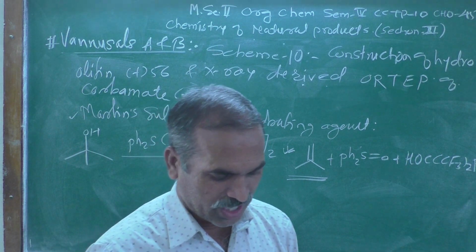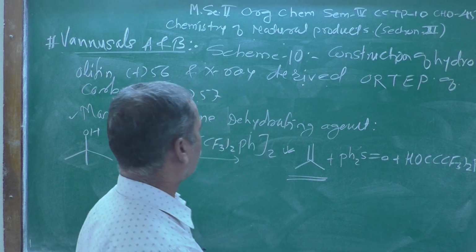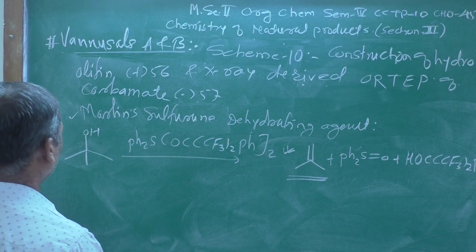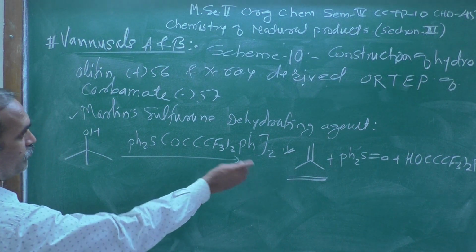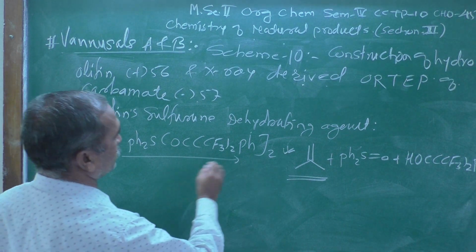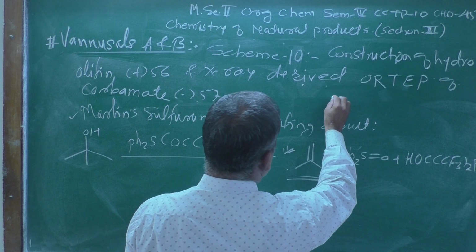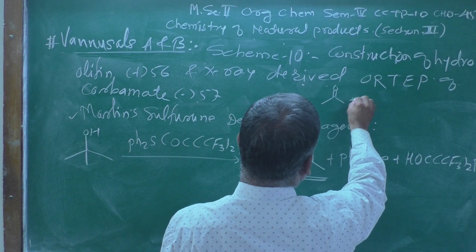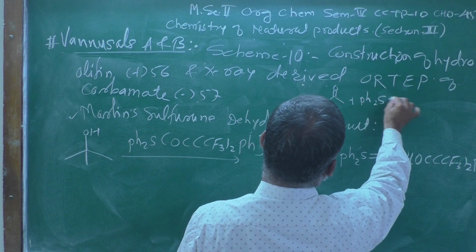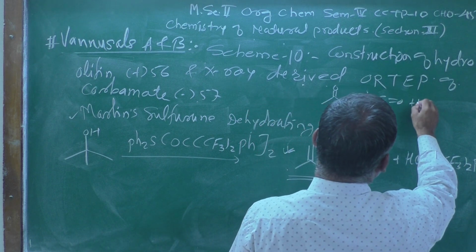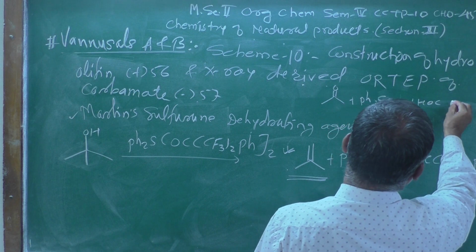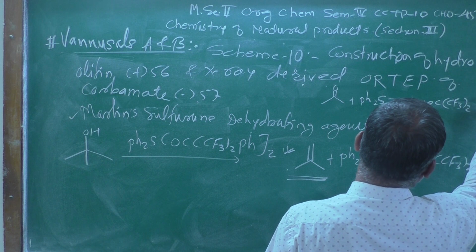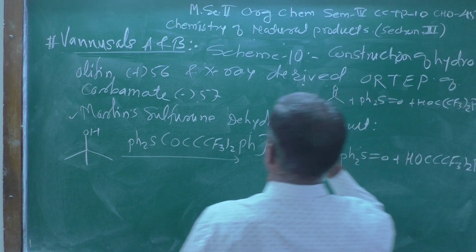Now let us look at the mechanism, how we can show the mechanism here. So let us see how we get this type of product, shown here in short, plus Ph2S=O as well as HOC(CF3)2Ph.